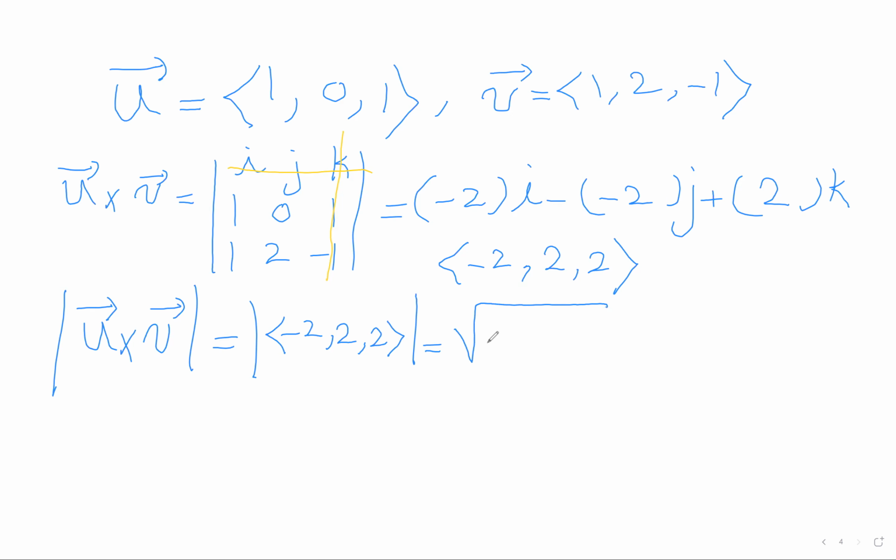Radical of -2 squared is 4, 2 squared is 4, 2 squared is 4. Radical 12. As you know from basic algebra, we want to simplify these. 12 is 3 times 4. 3 stays under the radical, and radical 4 is 2. So it is 2 radical 3. So that's the answer. That's the area of this parallelogram that we are talking about.